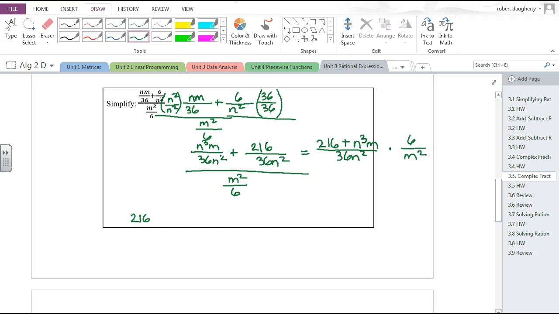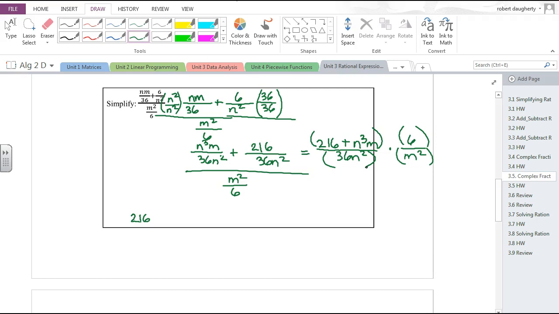So if you look at the factors, this is what you've got. I can look and see none of these factors match, okay? So the only thing that I can look at is there's a commonality between two numbers. What are they? 36 and the 6. So 36 divided by 6 is 6.